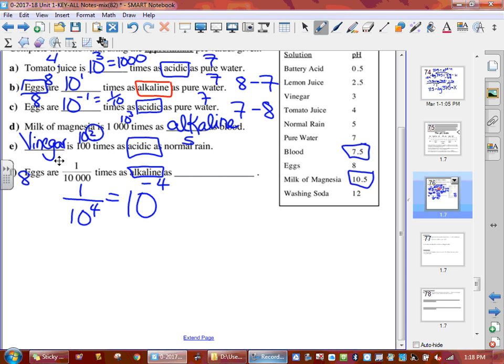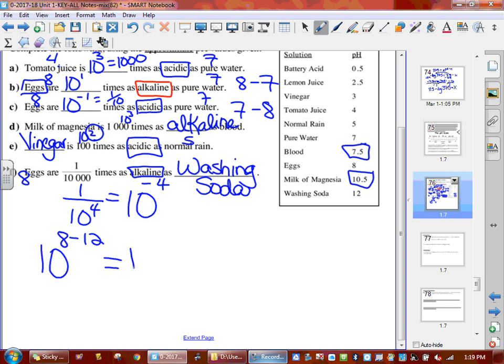So who's more alkaline than my 8? I have to add 4 to that 8. Where do I end up? Washing soda at 12. So you end up with a pH of 12. So this would have looked like 10 to the 8 minus 12 equals 10 to the negative 4. That's how that one would have looked. Because they're comparing something that is way less alkaline than that. That's how they got that out.